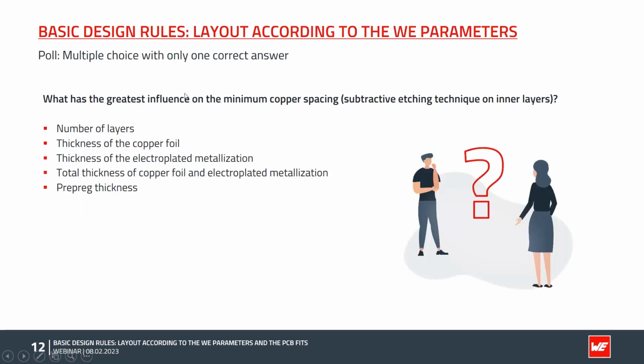So now let's have a poll, and this is a poll very similar to the original webinar 10 years ago. And what I want to know is what has the greatest influence on the minimum copper spacing. We are talking about subtractive etching technique on inner layers. Is it the number of layers, thickness of copper foil, thickness of the electroplated metallization, or the total thickness of copper foil and electroplated metallization, or finally the prepreg thickness?